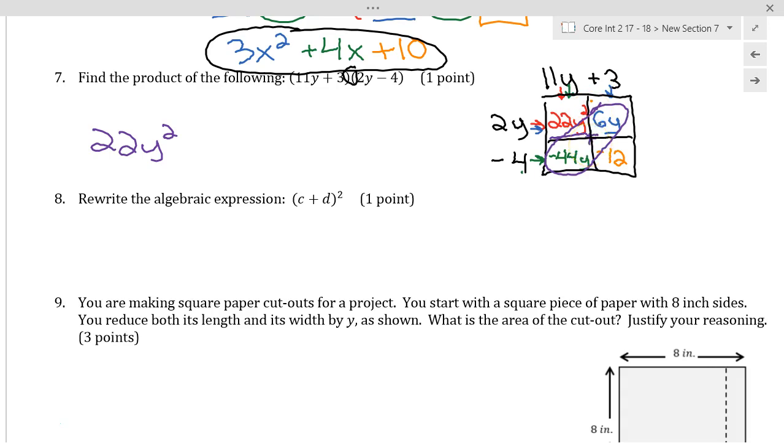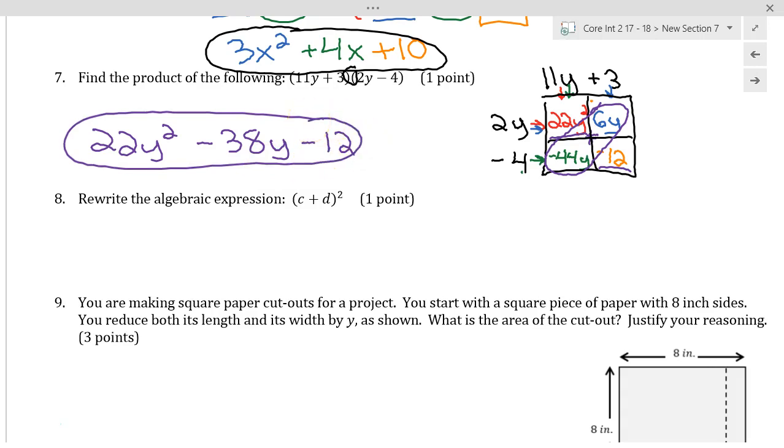So I'm just adding 6y plus negative 44y is negative 38y. And then I have minus 12. And there's my answer. 22y squared minus 38y minus 12.